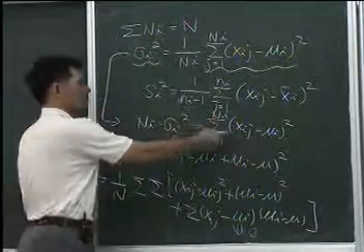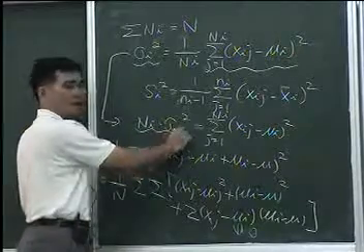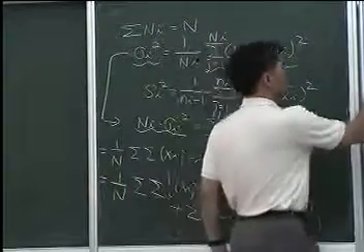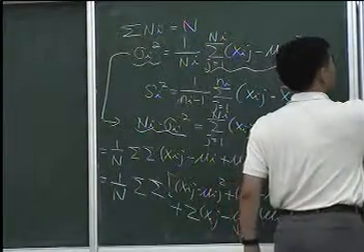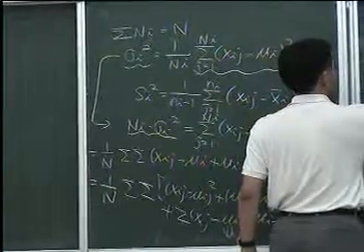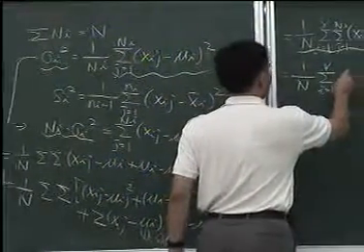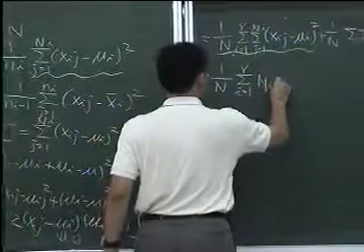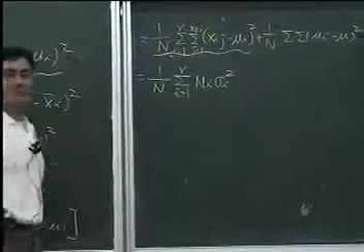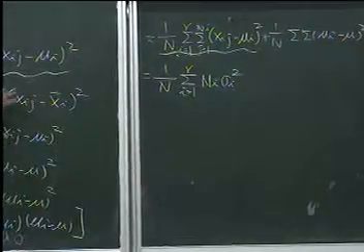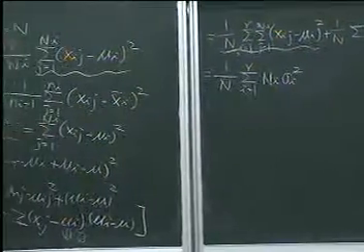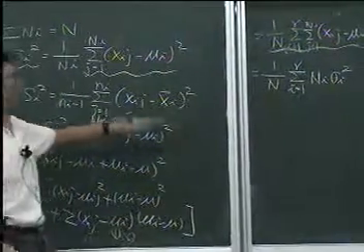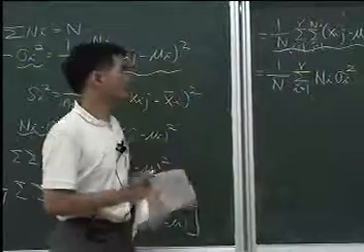Okay? So this part is actually equal to this part. So what can we do? We can say this one is 1 over n summation i from 1 to r times ni sigma i squared, right? Because this part is equal to this part, and this part is the same as that part, okay?